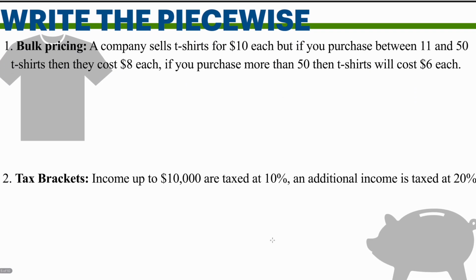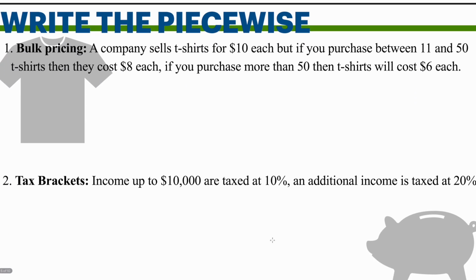So let's actually write the piecewise function for what we were looking at a minute ago. So we could represent f of x, where x represents the amount of t-shirts bought.